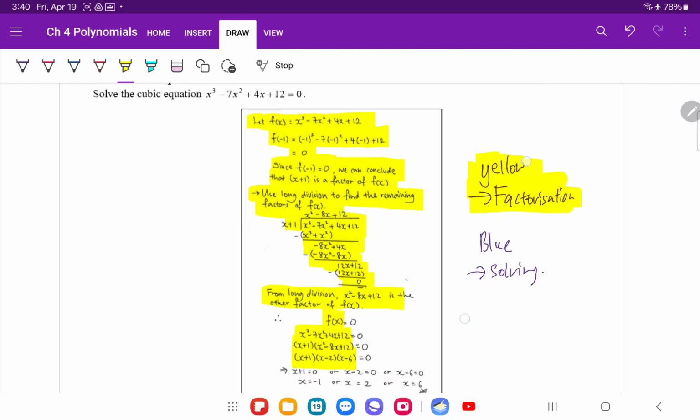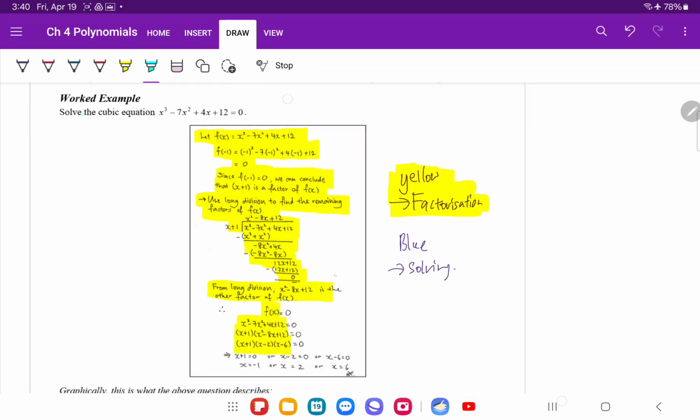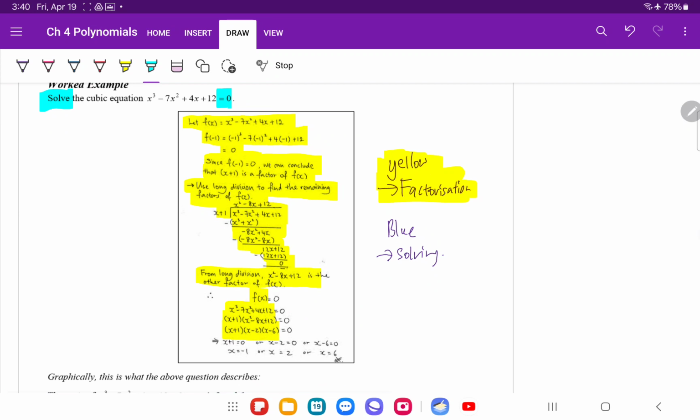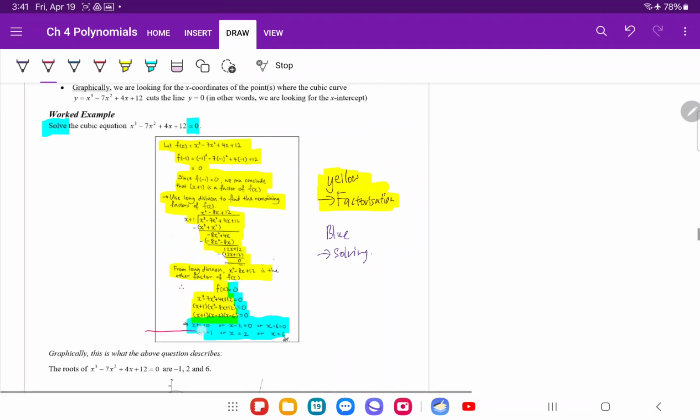So what is new? The question here is a solving question and there's an equal 0. So after you have done the yellow part, you must then solve. Now the solving part is all in blue. Look at the working now. Equal 0, equal 0, equal 0, equal 0, and then break it up into 3 different parts because of the zero product rule.